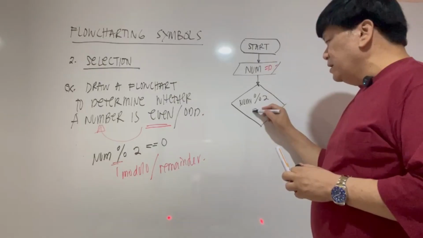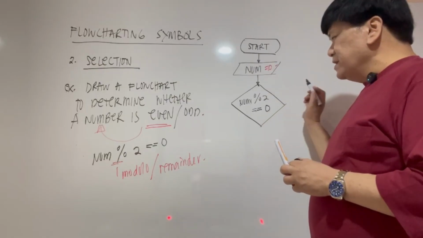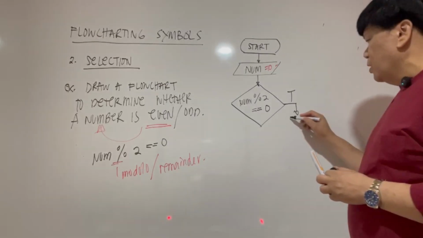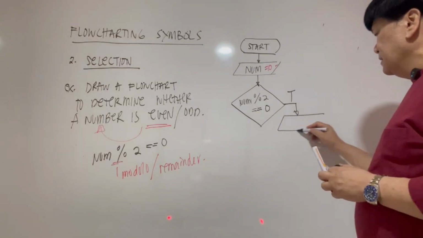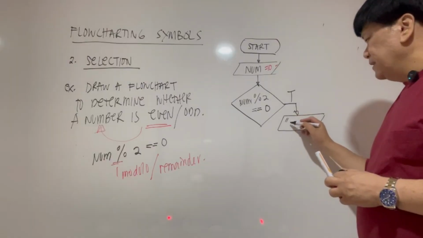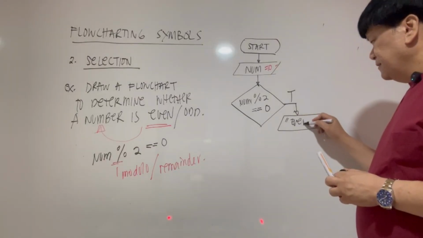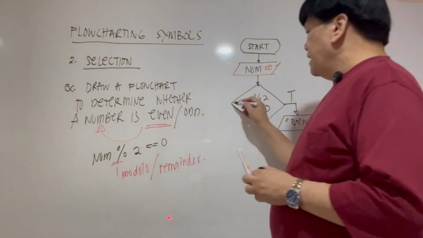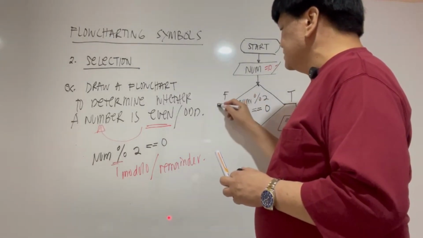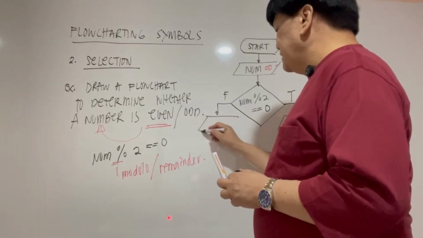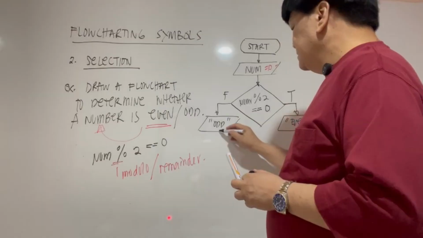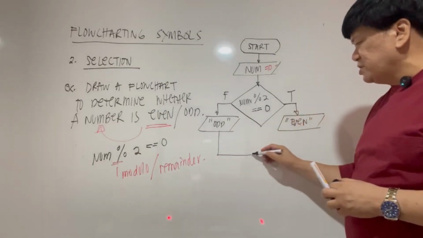If the remainder is equal to 0, if it is true, therefore, you're going to output the word even. The number is an even number. Or else, if it is false, meaning the number is an odd number, then we go to this direction.